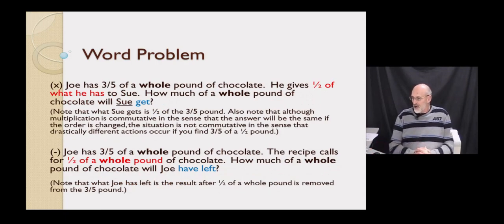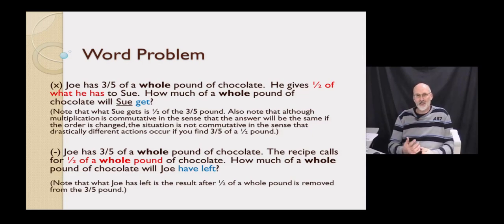So here's the word problem again. We've already said this a little bit, but notice that what Sue gets is actually half of the 3/5 pound. Notice also, this is going to be really important in the modeling, that although multiplication in general is commutative, all that means is it'll give you the same answer if you reverse the order.